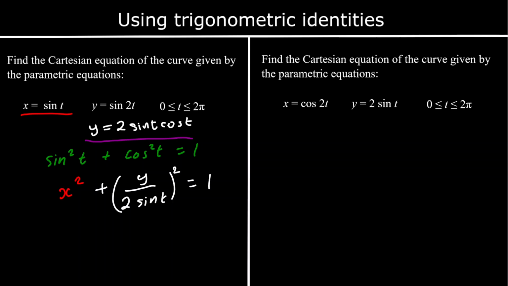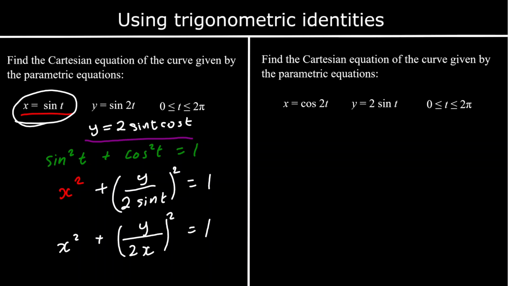We've still got a sine t, but sine t is x. So we can change that sine t into x. So we've got x squared plus y over 2x squared equals 1. And one for you to try. See if you can give it a go.